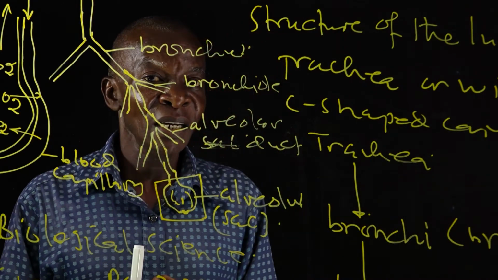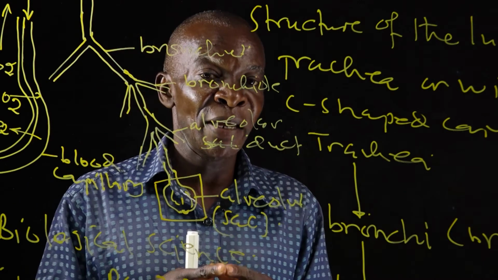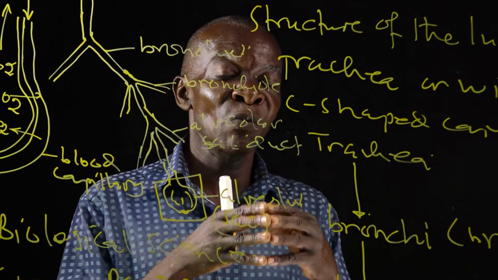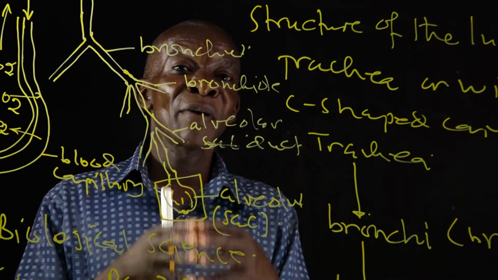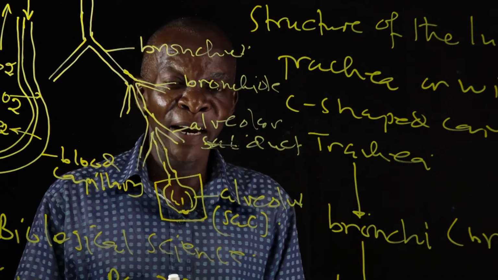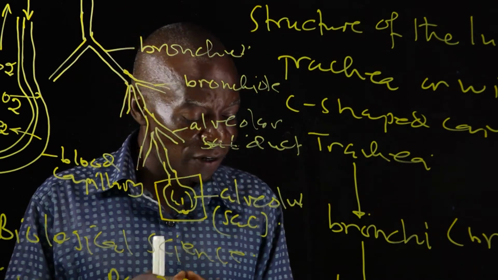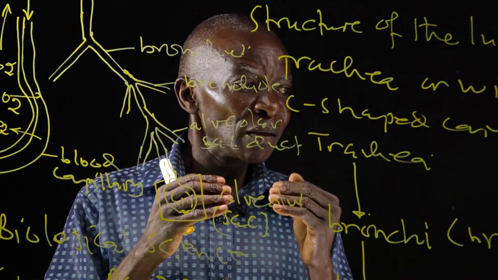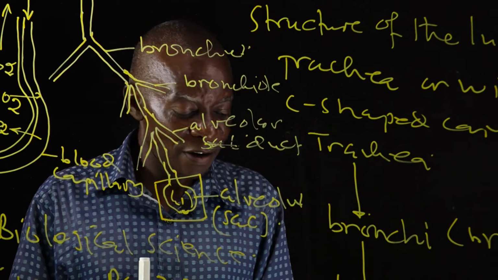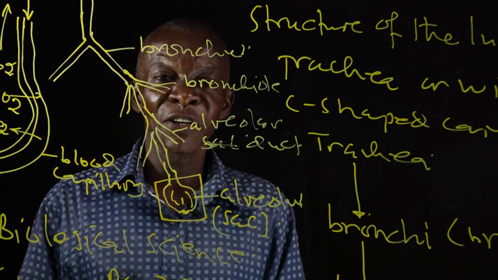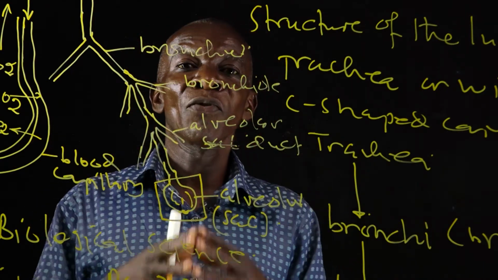And this is explaining why this is one of the reasons that premature babies die early in their developmental stages, because of difficulties in breathing as a result of insufficient production of surfactant.